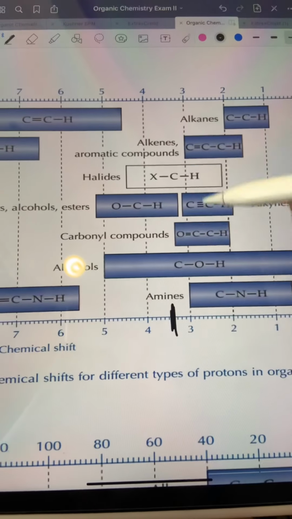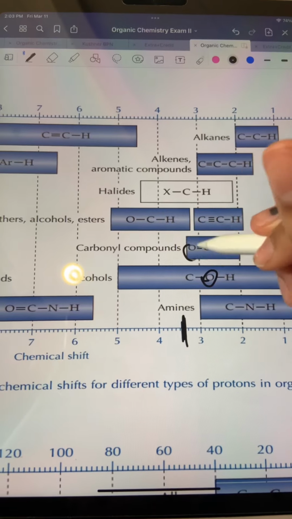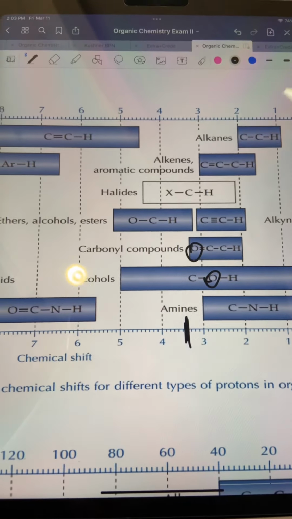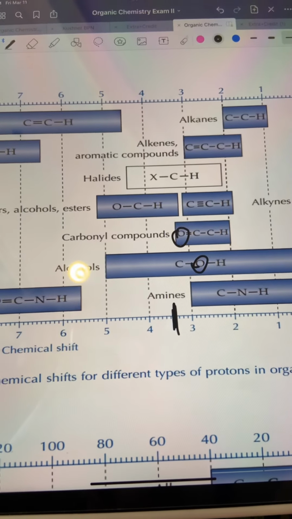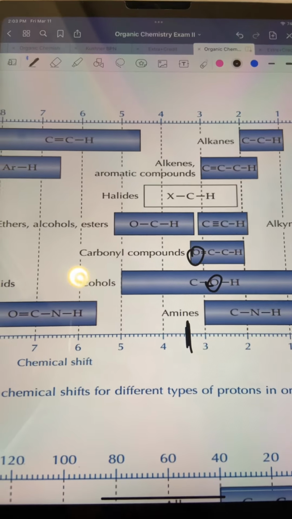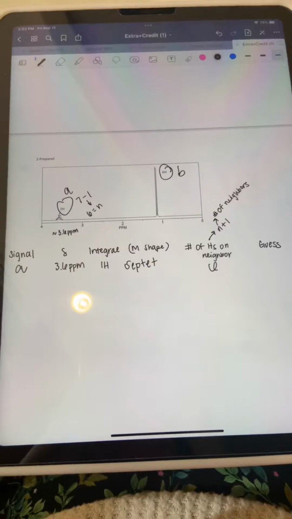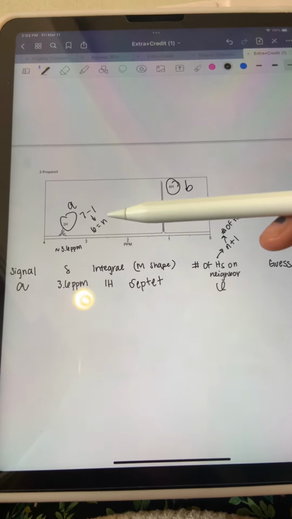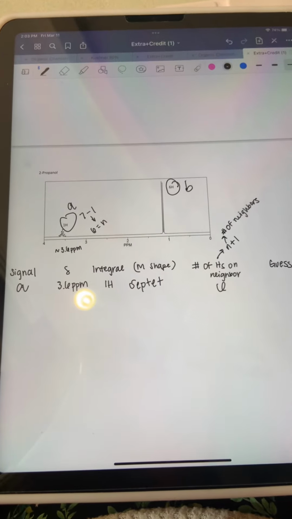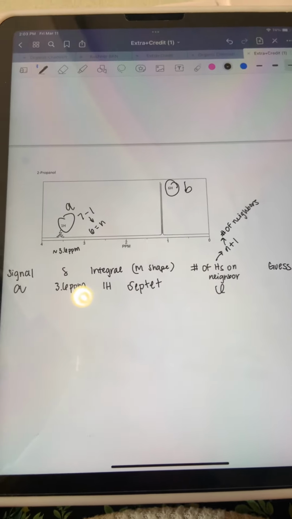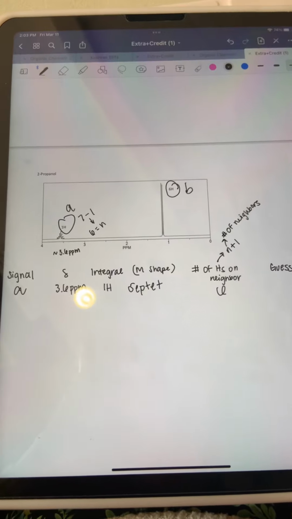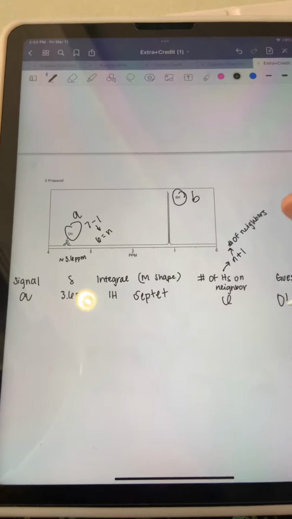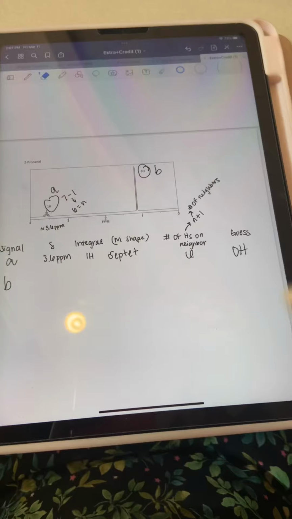A lot of these are attached to oxygen, so we're going to predict that whichever molecule is here, its neighbor is going to be an oxygen. Because we know that the NMR spectra that we're looking at belongs to propanol, the only option we have basically is for this signal to belong to the oxygen group that is found in propanol.